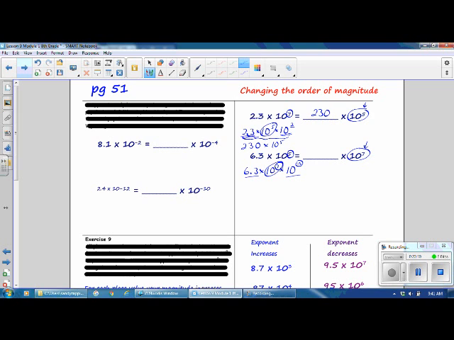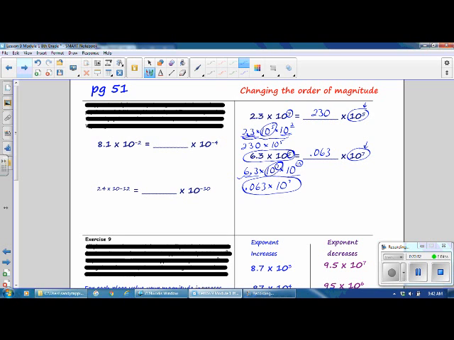When you multiply a number by a negative exponent, it's going to get smaller. We need to move the place value 2 places. So we have 6.3, 1, 2, and that's 0.063 times 10 to the, now remember the purpose was to change the exponent to 10 to the 7th. Then you can multiply both of these out to double check and make sure that they are equivalent. So that's 0.063 times 10 to the 7th.